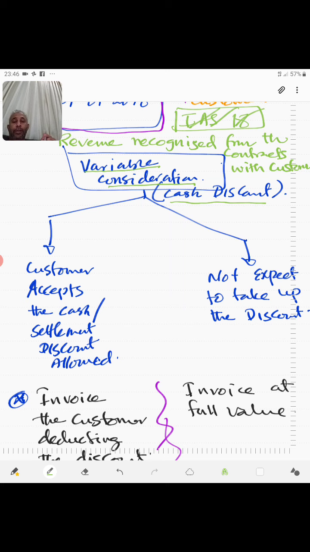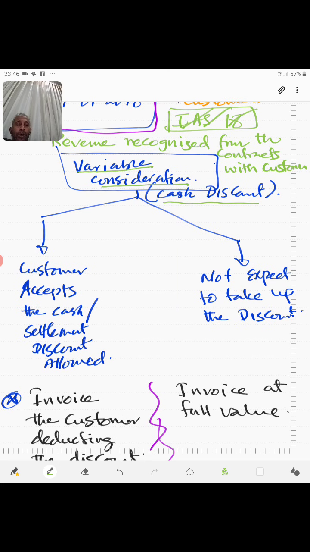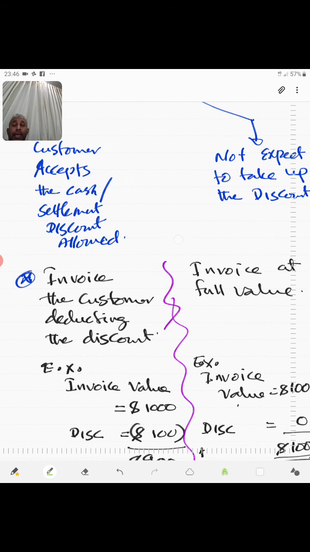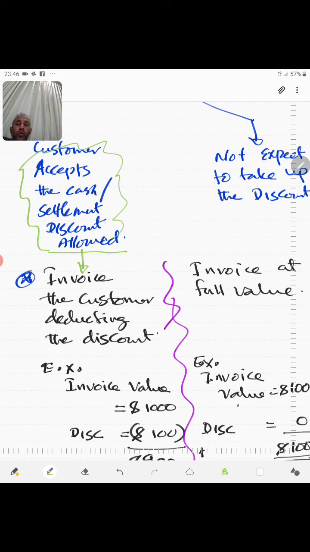The second option is that the customer does not accept the discount proposed by the entity. If the customer accepts the proposed discount, IFRS 15 suggests generating an invoice after subtracting the discount amount.